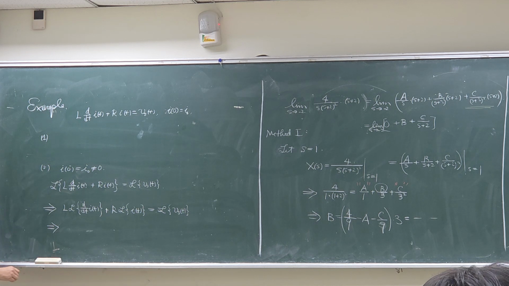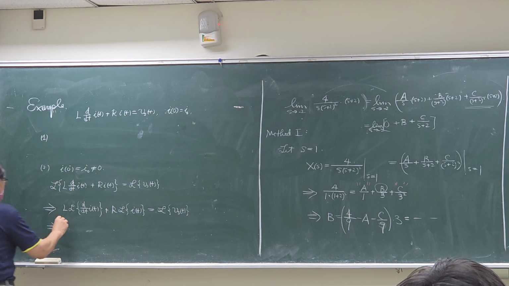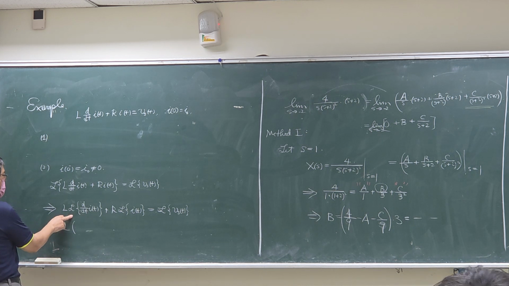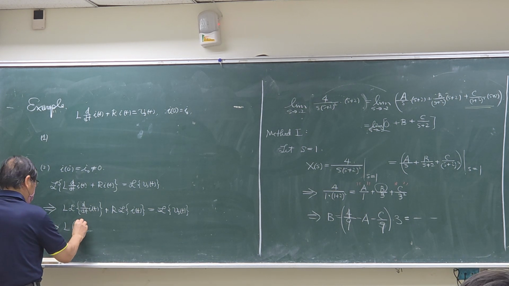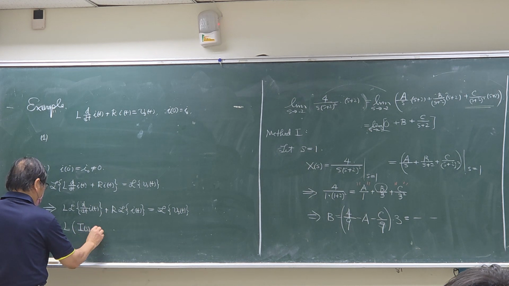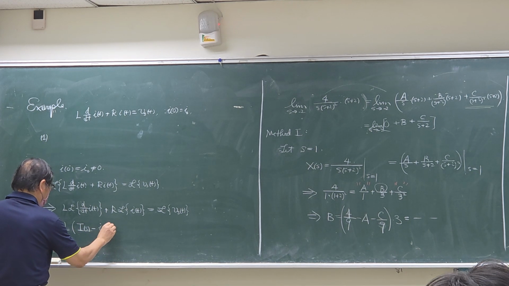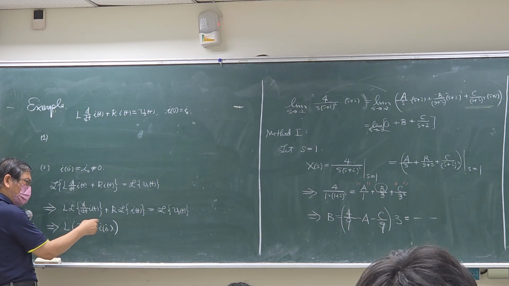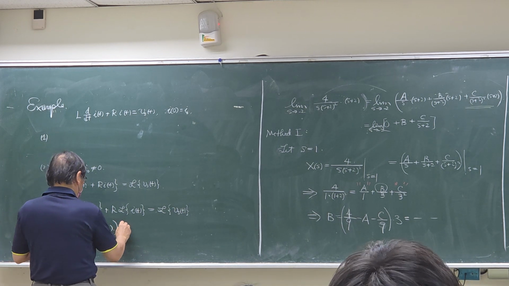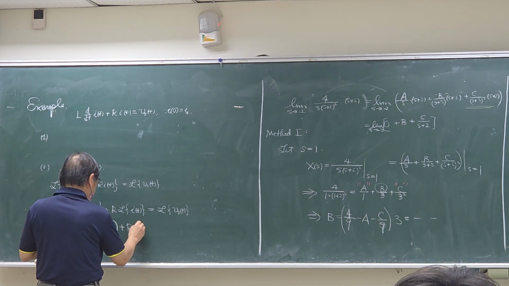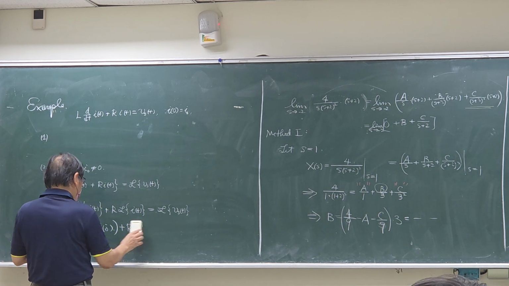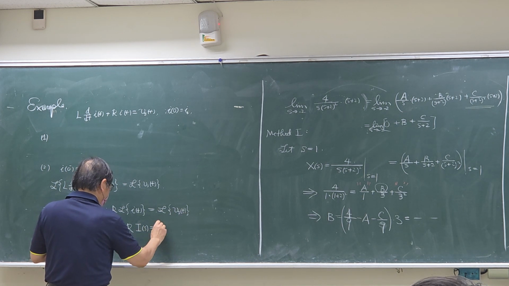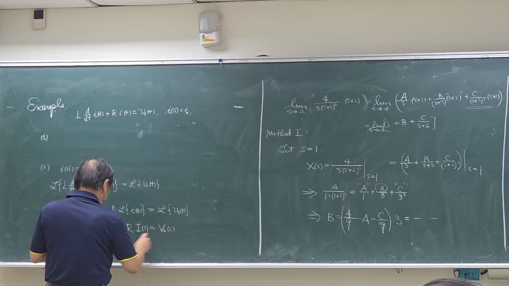Then apply the properties of the Laplace transform. The first term, the Laplace transform of dI over dt, gives two terms: s times I of s minus the initial value. I think last time I made a mistake here, so please correct it. R times the Laplace transform of I gives R times I of s, and then this is the Laplace transform of the input, V of s.